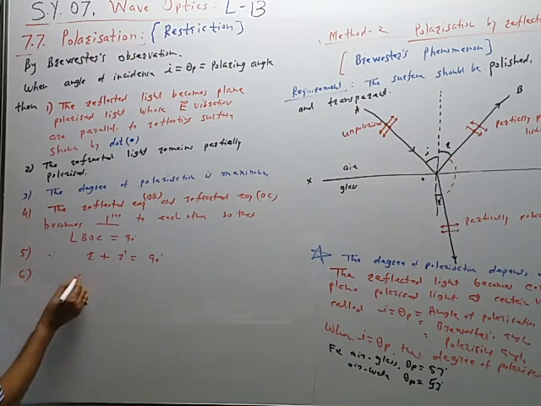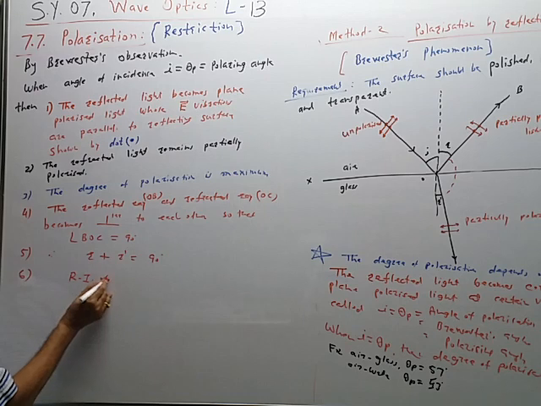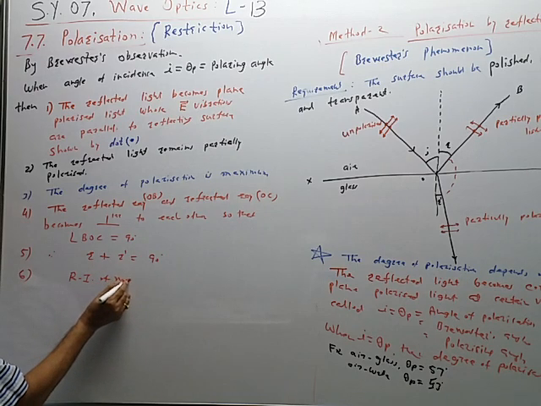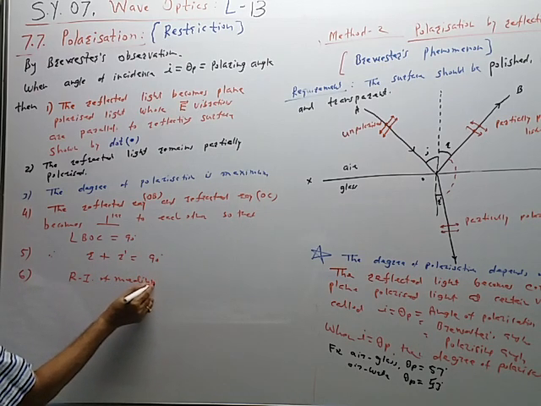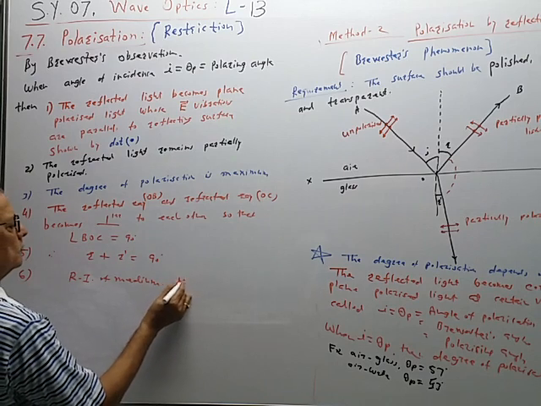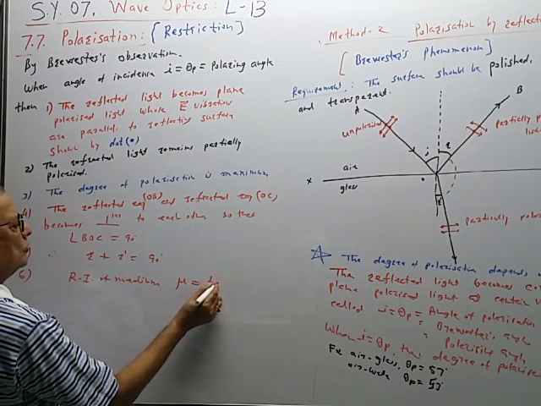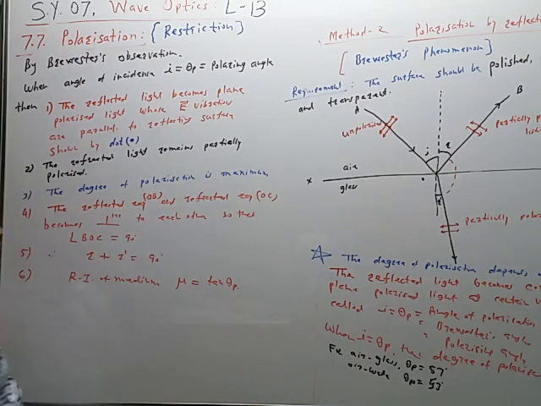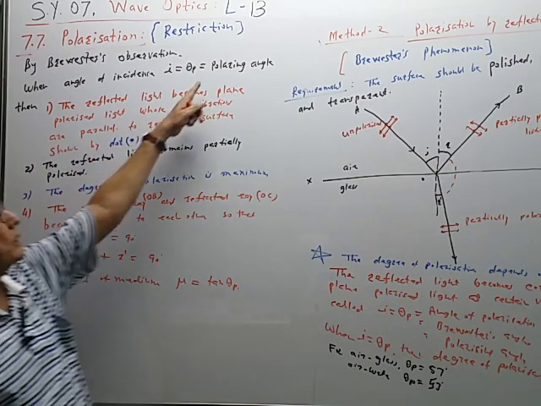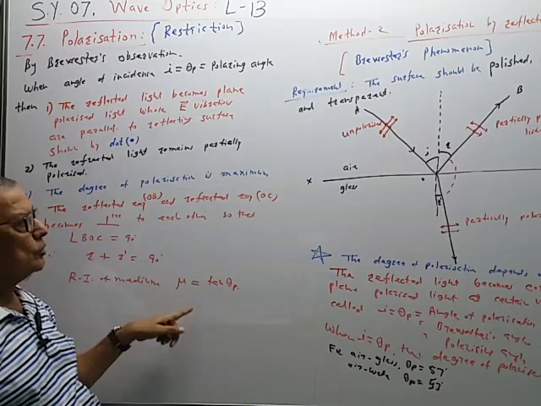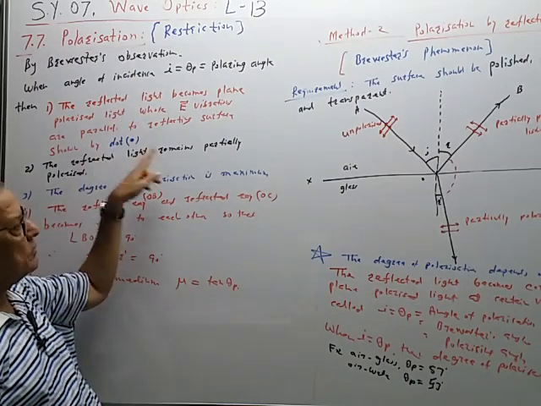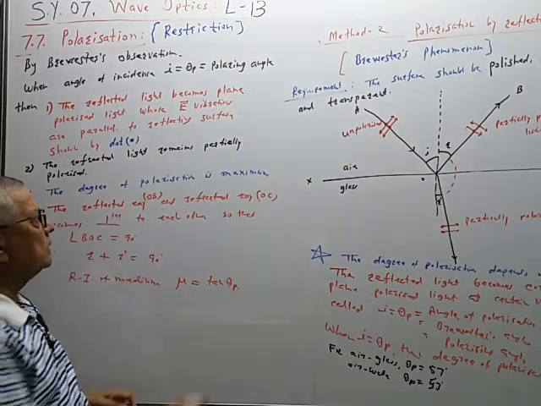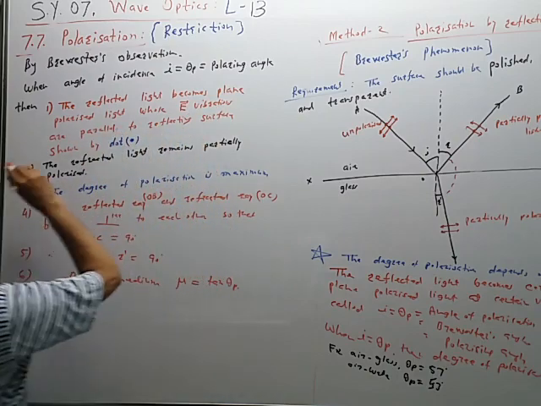And six is the refractive index of medium mu is equal to tan of theta p. Theta p is a polarizing angle. So this is Brewster phenomenon. When I is equal to theta p, all these properties are important.